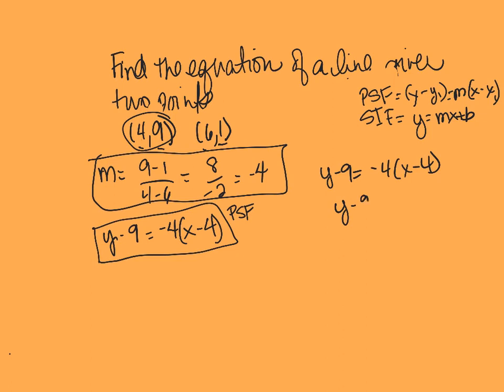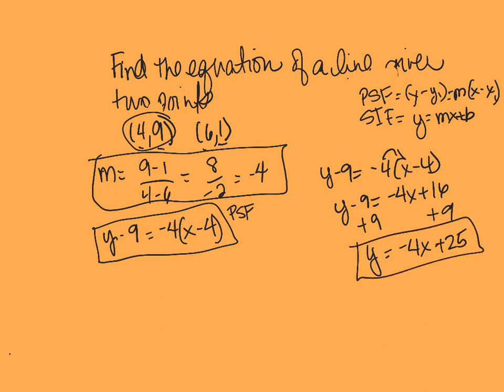So y minus 9 equals -4x plus 16. What you're going to do is add 9 to each side. So then you're going to be left with y equals -4x plus 25. And this will be in y-intercept form.